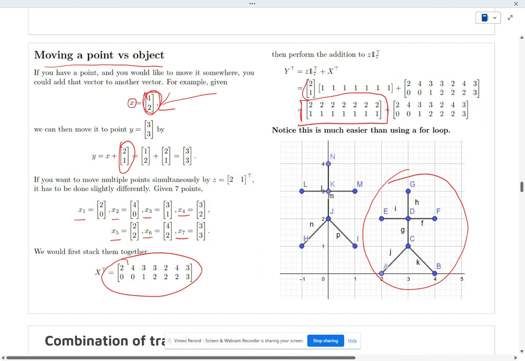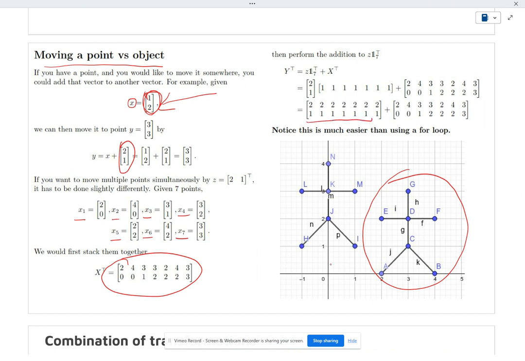You essentially copy this 7 times, and once you copy this 7 times, the dimensions are exactly the same. So you can then add them together. Once you've done that, you essentially have transformed this to here.